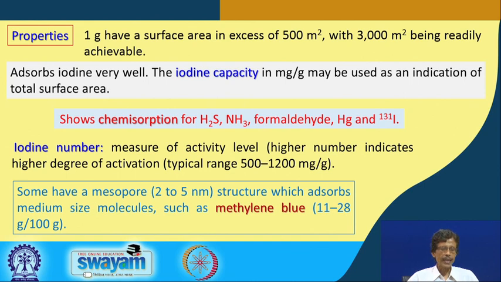When you use 100 gram of activated carbon, it can absorb 11 to 28 gram of methylene blue. Not much methylene blue is there in the wastewater, so wastewater treatment or industrial effluent water treatment can be achieved by the use of this activated carbon for the removal of this dye or any other dye like methyl orange or methyl red.